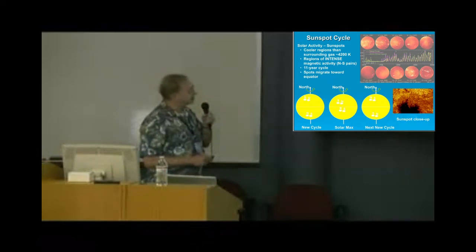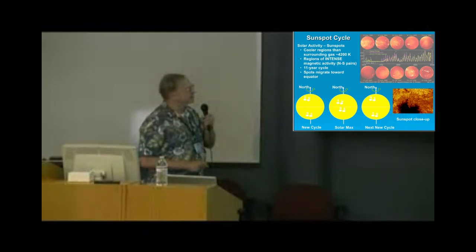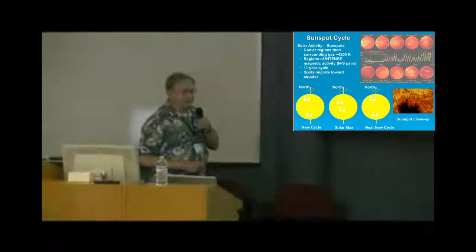And as the cycle continues, as you go to a more active cycle, these sunspots have an average tendency to get closer and closer to the equator. So these move up towards the equator, these move down towards the equator.